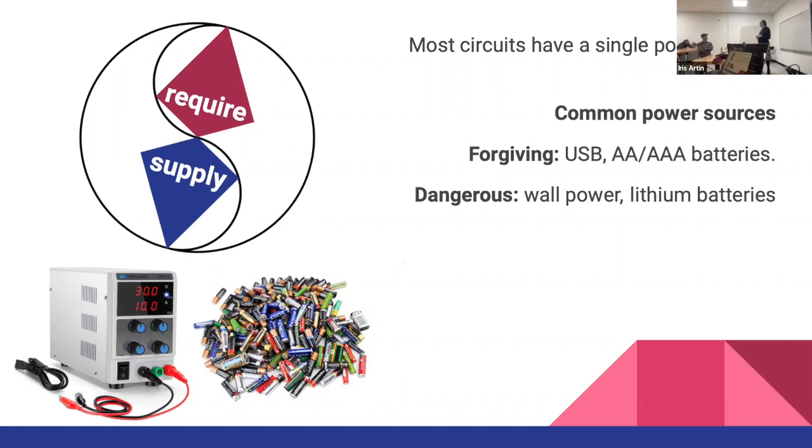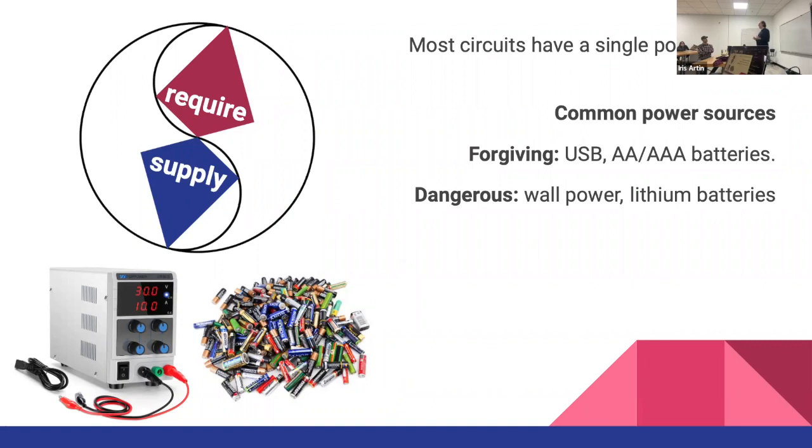When a bad charger starts a fire, it's not on the side with the low current and low voltage, but on the side that is plugged into the wall, where the high current and high voltages are. Another power source that is very safe to work with is regular AA and AAA batteries.